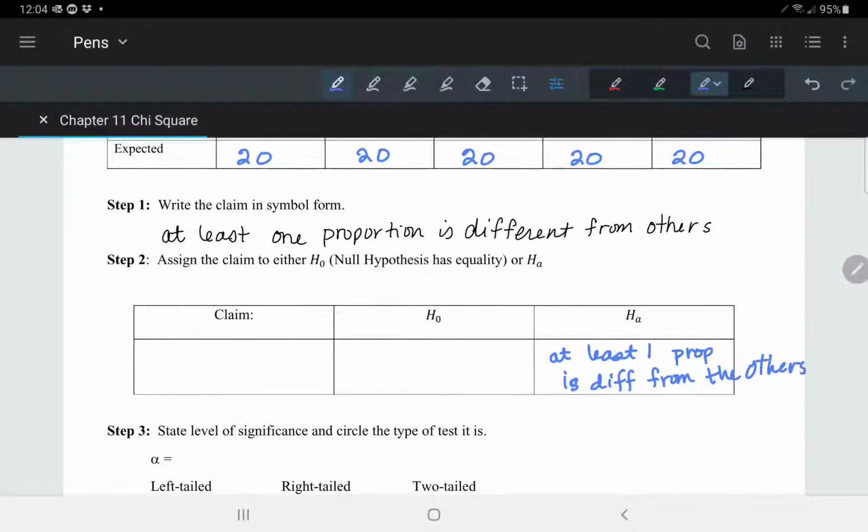Now the null hypothesis, which contains the equality, would be that p sub 1 is equal to p sub 2, which is equal to p sub 3. We have 5 categories, p sub 4 and p sub 5.